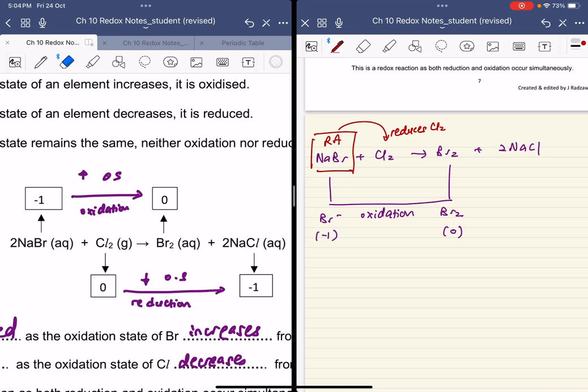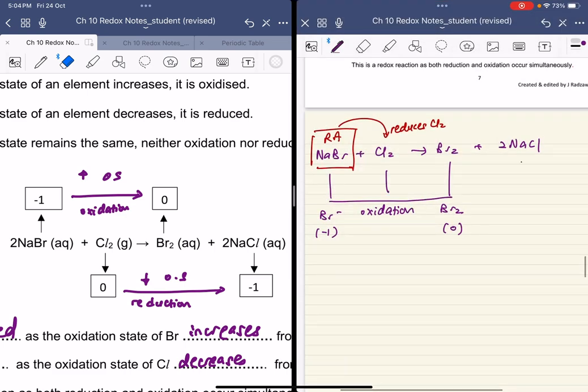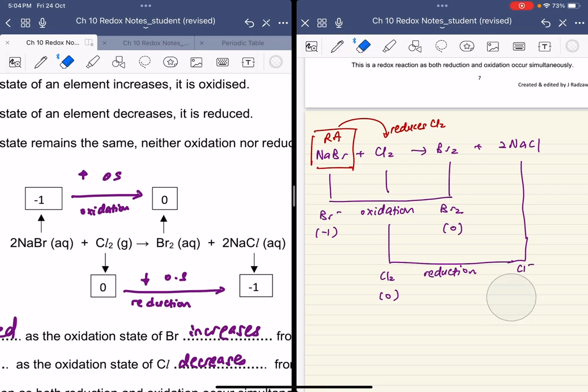Same thing for chlorine over here. Chlorine to chloride, it is a reduction. Why is it reduction? Because chlorine is 0, chloride is -1. There is a decrease in oxidation state.